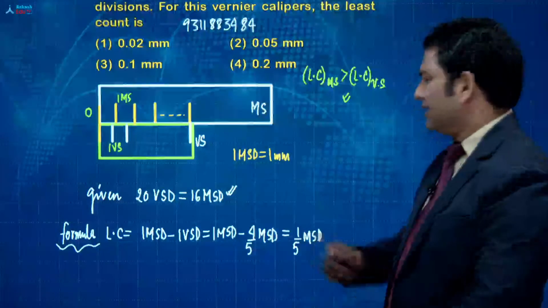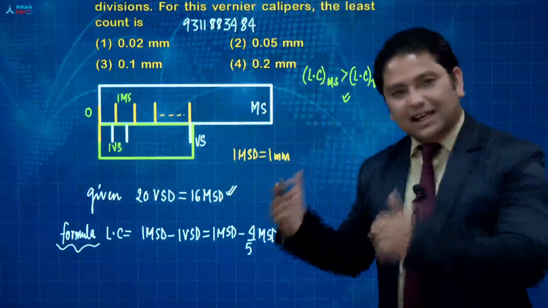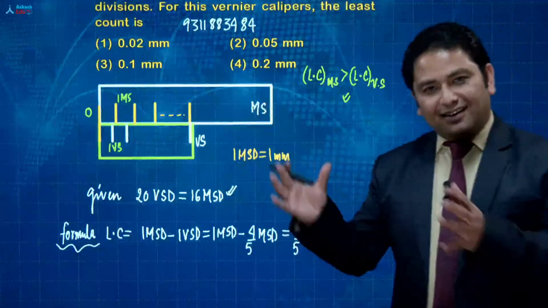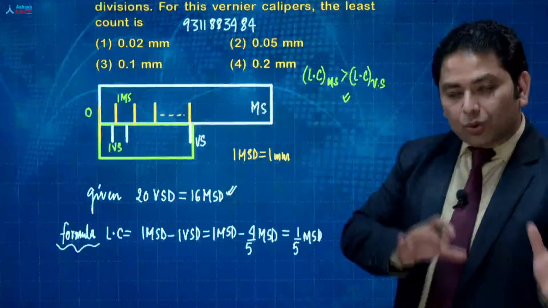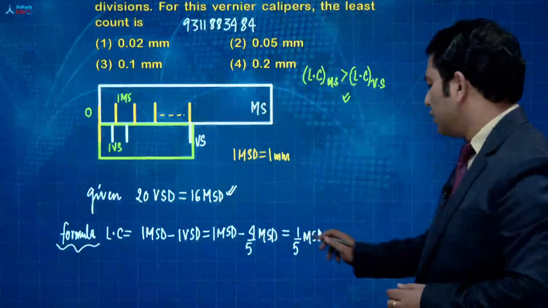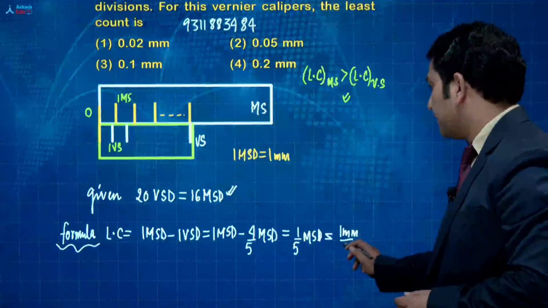Now, don't worry that I took so much of time, because I'd already said कि हम बस ये question solve नहीं कर रहे. Our strategy is very clear that इस question के basis में आगे क्या-क्या questions आ सकते हैं, उनको भी we are covering. And right there, eventually 1 main scale division has been given as 1 millimeter divided by 5.